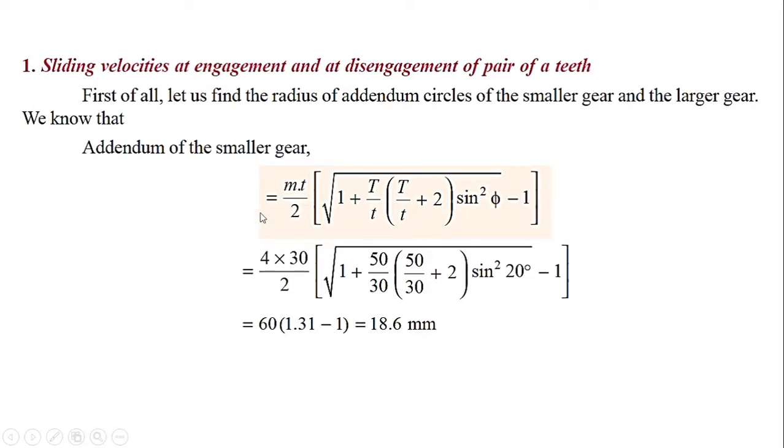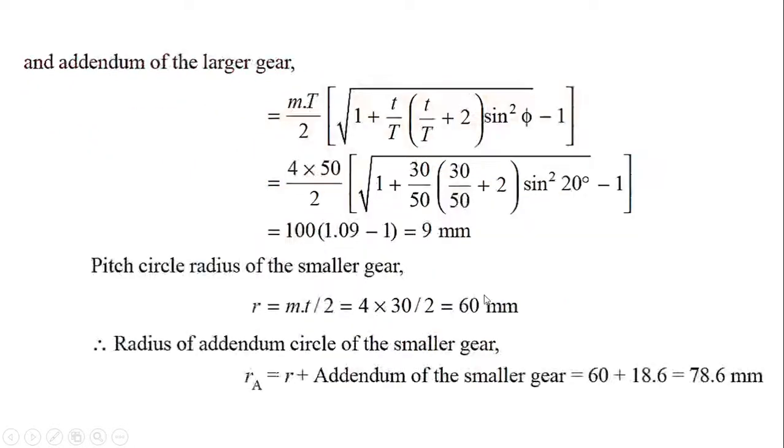In the tutorial 1 problem, the addendum values were already given in the problem itself. Here the addendum value is not given, so we use this extra relation to find the addendum value of the gear and pinion. That is the difference between tutorial problems 1 and 3; otherwise other things are the same.